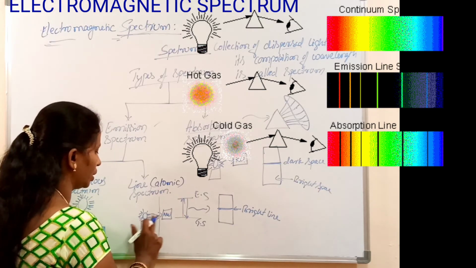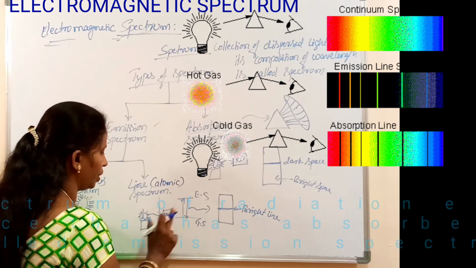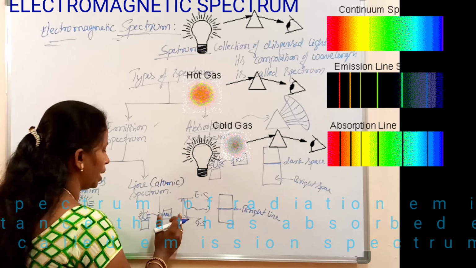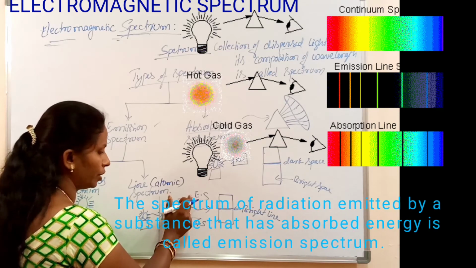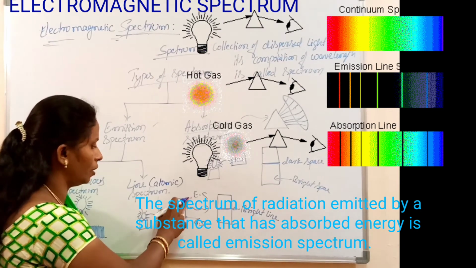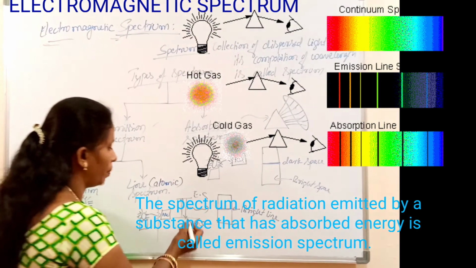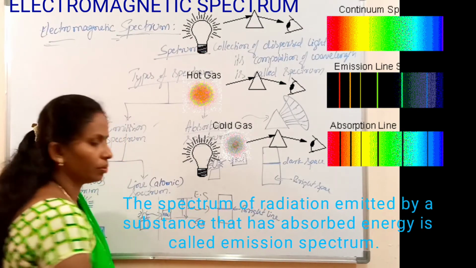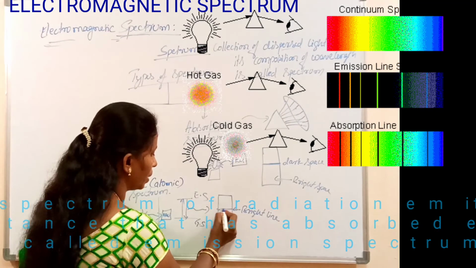We are allowing a particular radiation to fall on this. It is going to absorb a particular radiation. After absorbing, it will get excited to higher energy, and that higher energy is unstable. The excited state is unstable. Then it will come back to the ground state by emitting the absorbed radiation. Then that appears as a bright line.